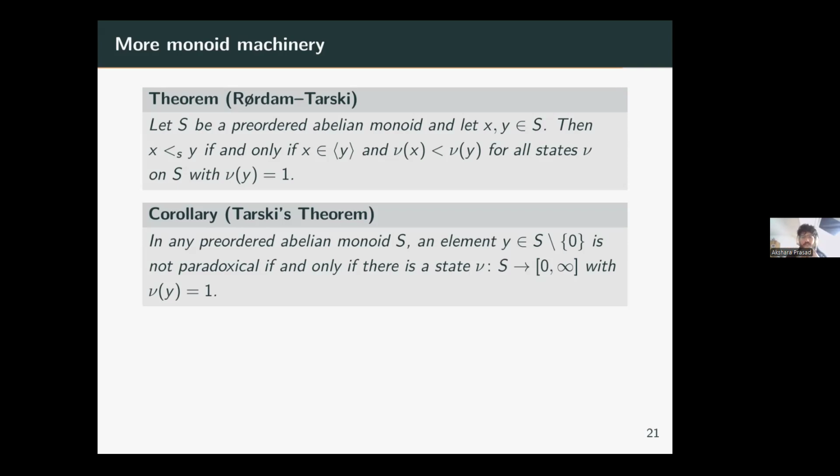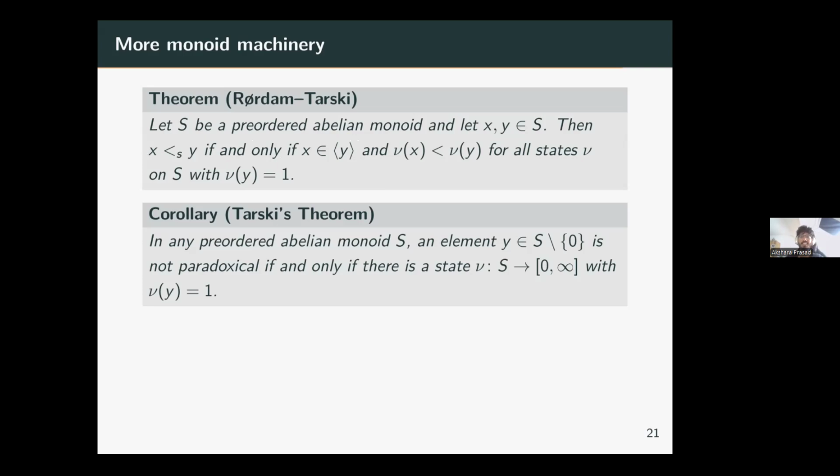So in a monoid, if you take an element y, you take all the elements beneath it, and you take the multiples of y and elements beneath them. That's the order ideal generated by y, which I denote by this. So if x is in the order ideal of y, and as far as states nu are concerned, y dominates x, then we say that y stably dominates x.